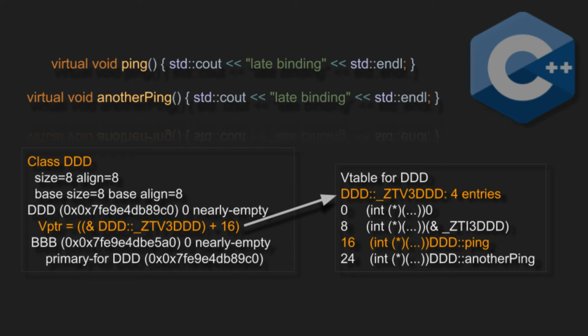This virtual table contains function pointers pointing to the functions which are specified as virtual and which have to be called during runtime. Functions which are static, meaning not declared as virtual, will not have entries there.